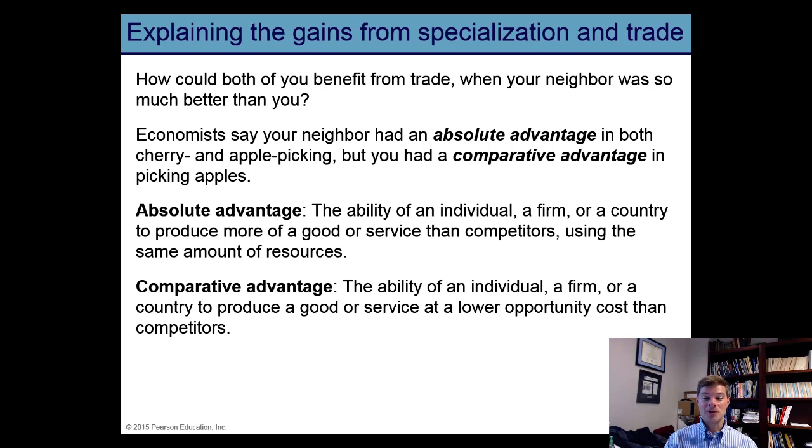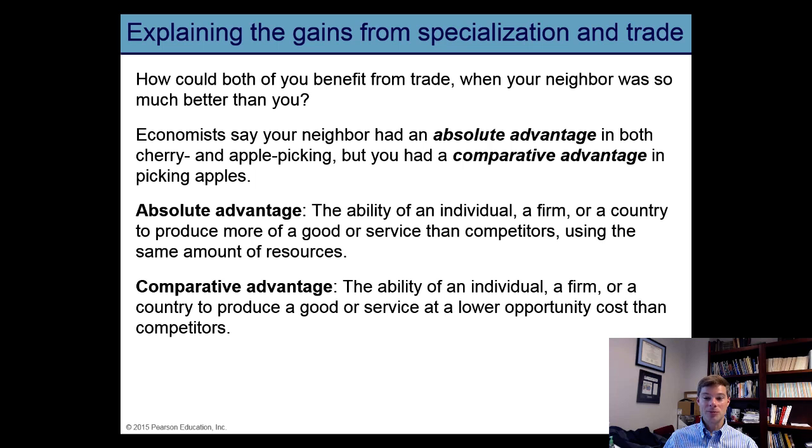Comparative advantage is the ability of an individual to produce a good or a service at lower opportunity cost. In an example like this with two individuals, one of the individuals will be relatively better at producing one of the goods, and the other individual will be relatively better at producing the other good.